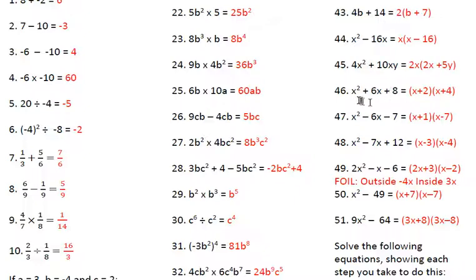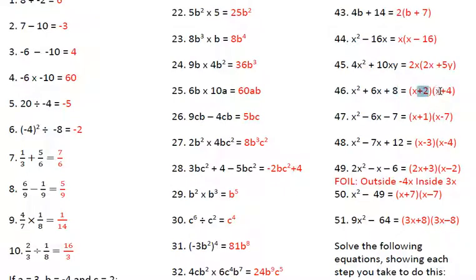Right, next one. We've got x squared plus 6x plus 8. We need to look for 2 numbers that will multiply together to give us plus 8. What we need to do here is find 2 numbers that will add together to give us plus 6 and multiply to give us plus 8. So the only 2 numbers that we can think of are 2 and 4.